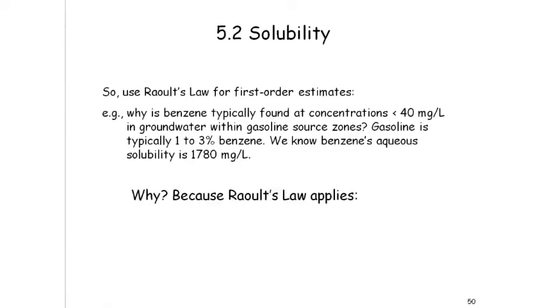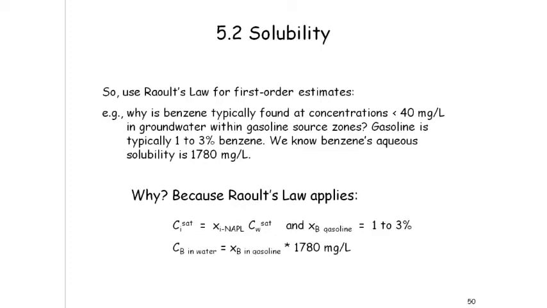Well, it's because Raoult's law does apply. The concentration of i, or in this case benzene, is equal to the mole fraction of benzene in the NAPL times its pure phase aqueous solubility, 1,800. Now in this case, we'll estimate the mole fraction of benzene in gasoline to be equivalent to its volume concentration, 1 to 3%. So the concentration of benzene in water is equal to the mole fraction of benzene in gasoline times 1,780, its solubility.